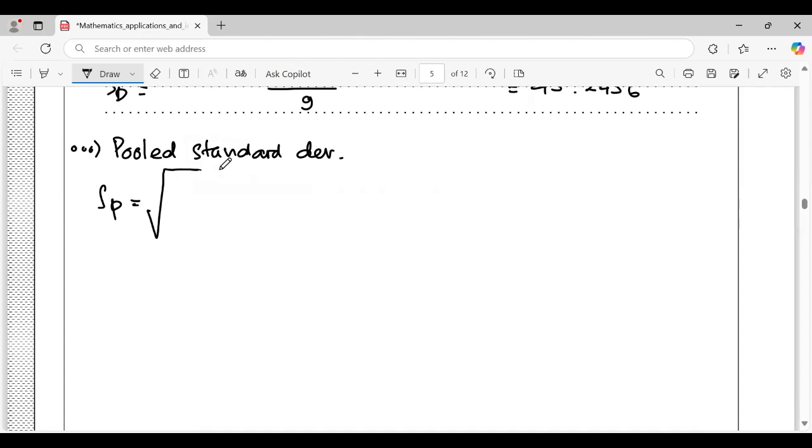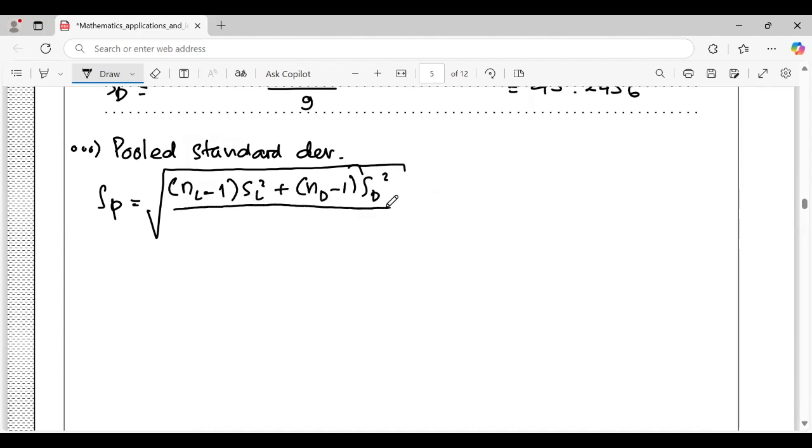The formula is the square root of N L minus 1 times S L squared plus N D minus 1 times S D squared, divided by N L plus N D minus 2.